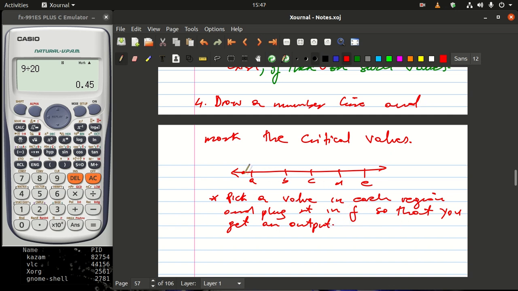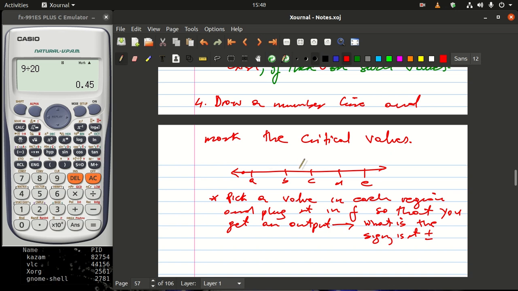So once you pick a value here and plug it in F, you get an output, and all you care about is what the sign is. Is it positive or is it negative? That is what is important here. You pick a value in between here to check if it's positive or negative.